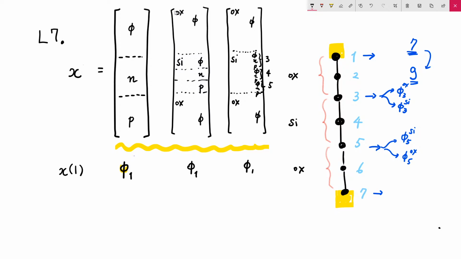Great. And how about, for example, the 100th value? In this case we will have just the potential at 100.